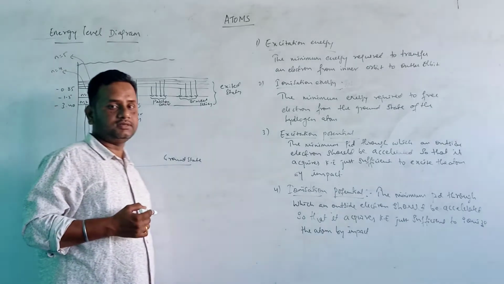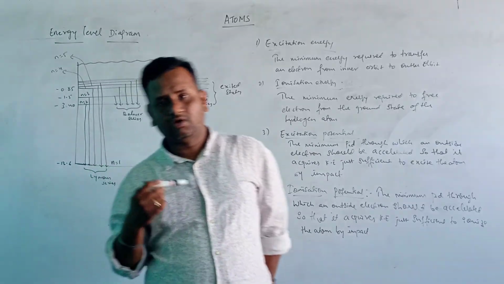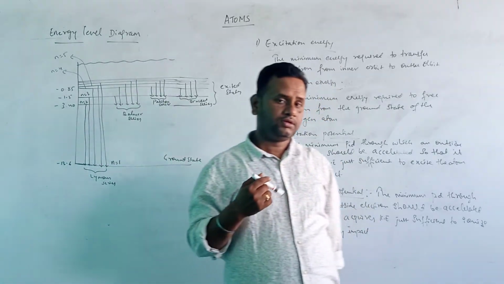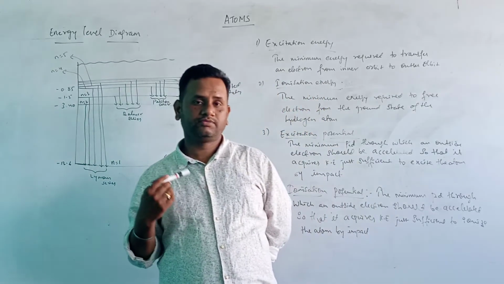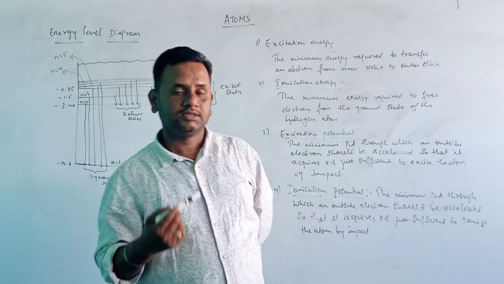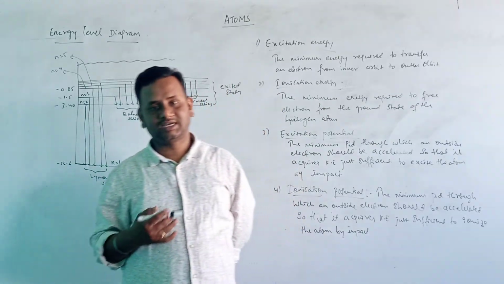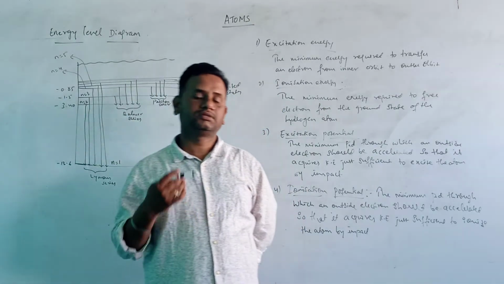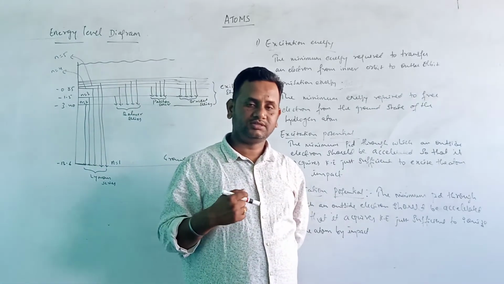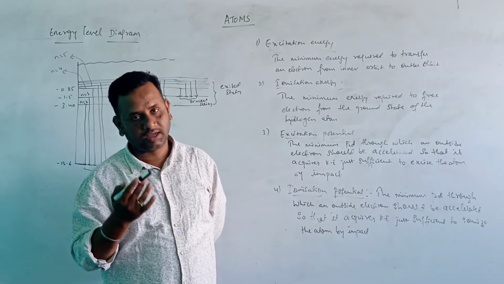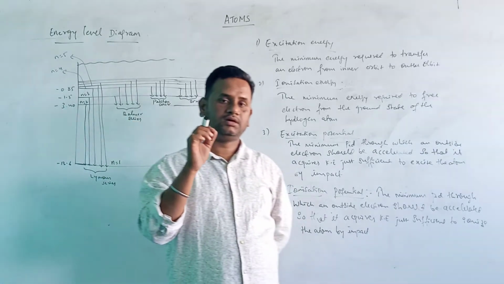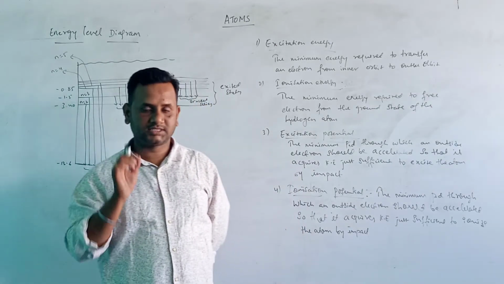As I told you, when we give some external energy to a normal atom which consists of electrons, the atom gets excited and the electron gets the energy. After getting that energy the electron jumps to a higher orbit, and there it stays for 10 to the power of minus 8 second.